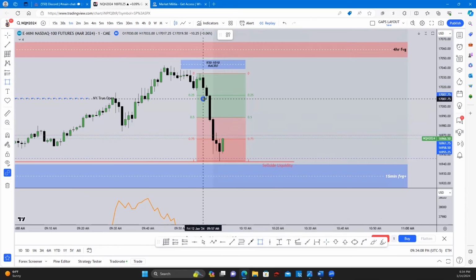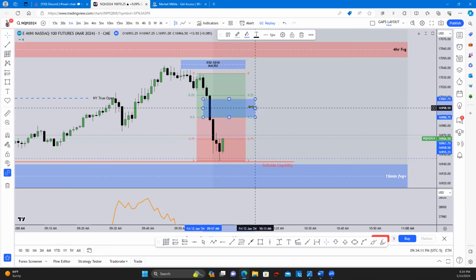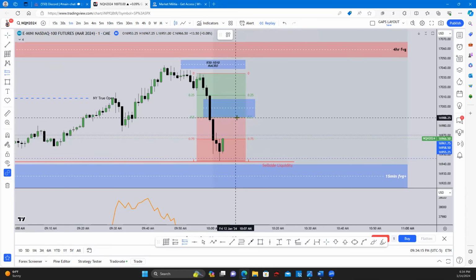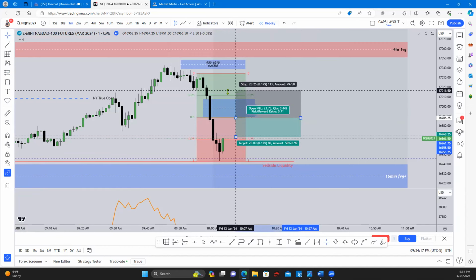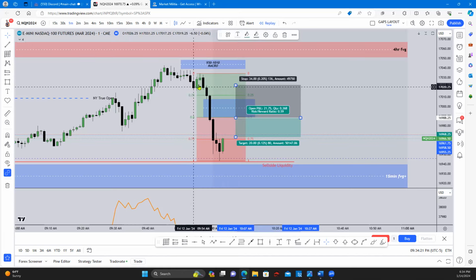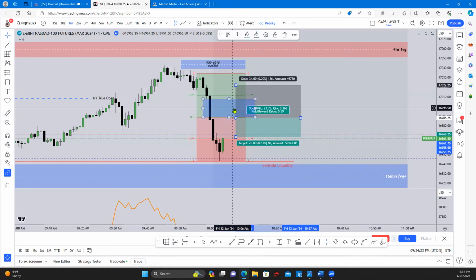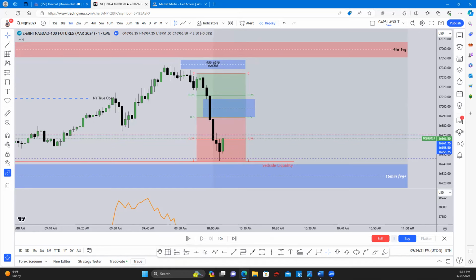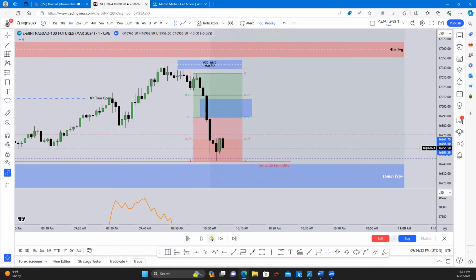So we have this 1 minute fair value gap in here. So this is where you would want to be a seller short with your stops above here. Or you can wait until we come in here and then look to take an entry. And then, of course, you can target the sell side. So let's go forward.